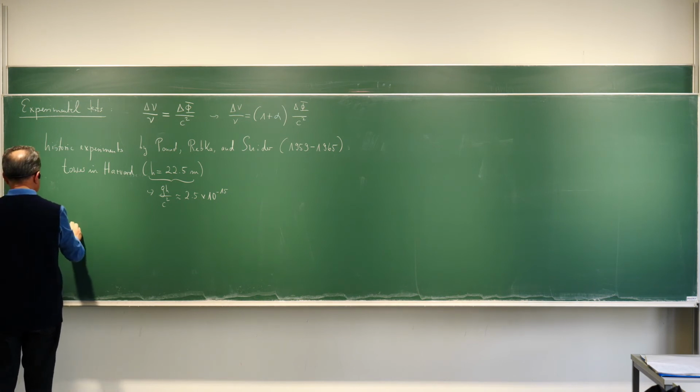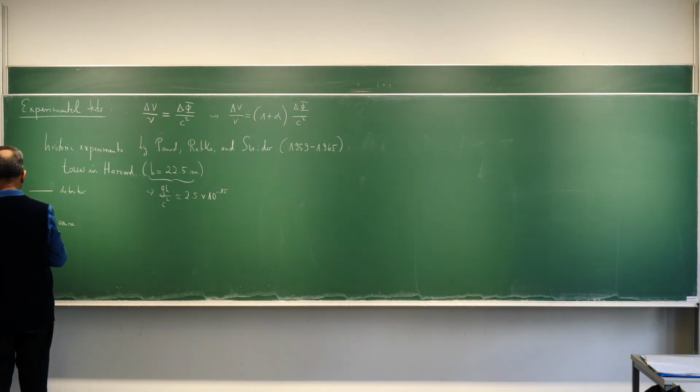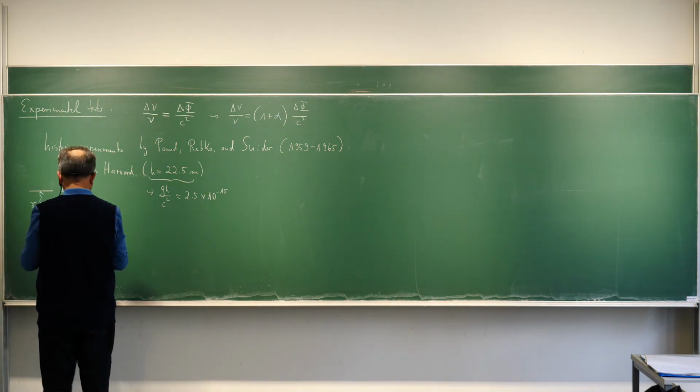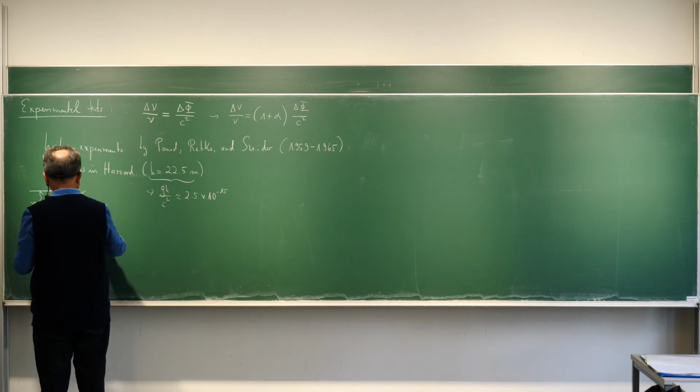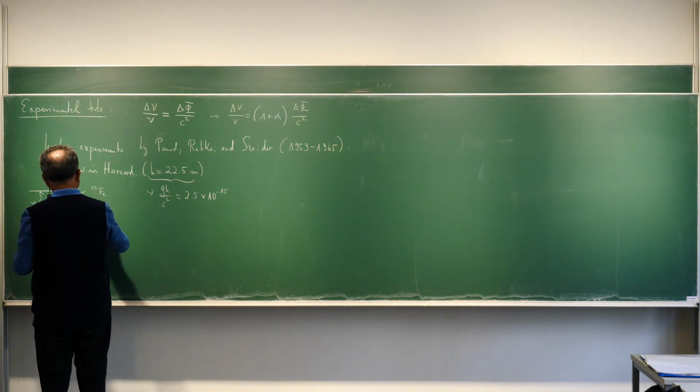Okay, for a concrete situation we have the source and the detector, and we have here our photon that we send, and what they used was iron-57, both for the source and detector.